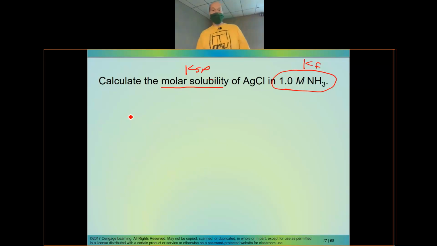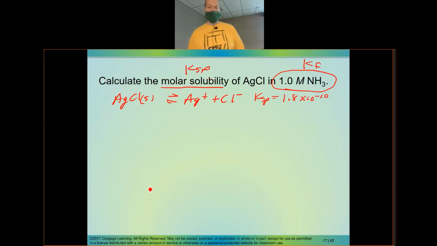All right, and so you have two reactions going on here. You've got your AgCl solid going to Ag plus and Cl minus. That is your KSP equation. That's the 1.8 times 10 to the minus 10 as the constant for the KSP of AgCl.